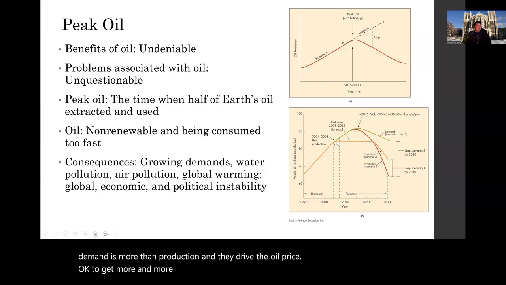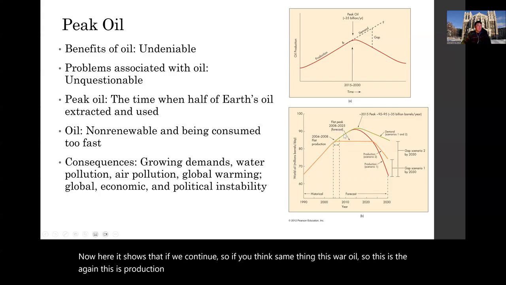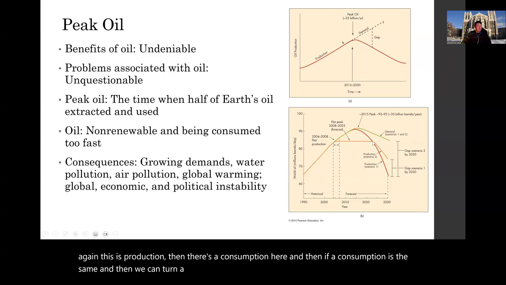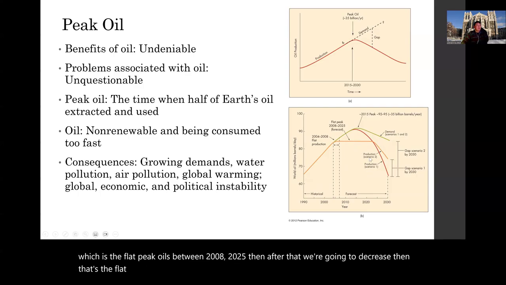Now here it shows, if we continue, the same thing for world oil. Again, there's production, then there's consumption here. If the consumption stays the same, then we see that peak oil happens somewhere here, which is the flat peak oil between 2008 and 2025. Then after that, it's going to decrease. That's one scenario.